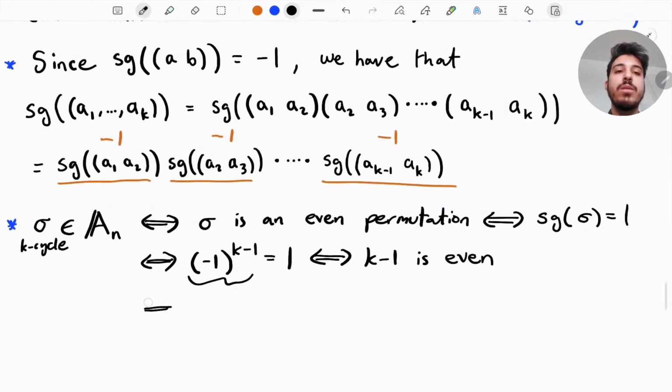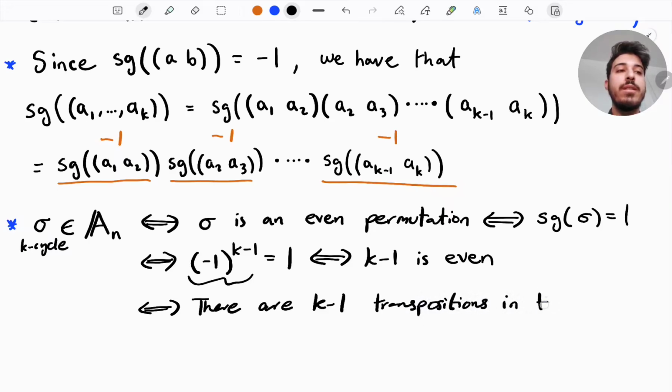And we know that there are k-1 transpositions in a k-cycle. So there are k-1 transpositions in the cycle decomposition of sigma.